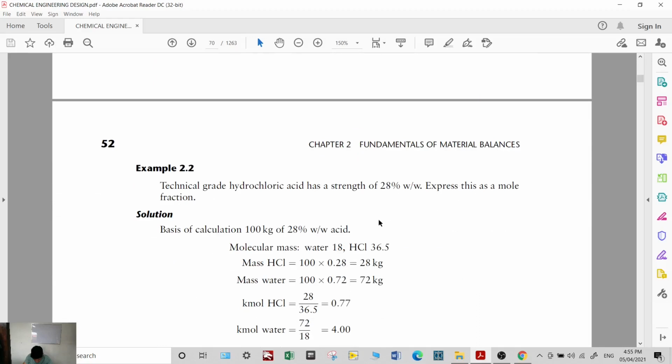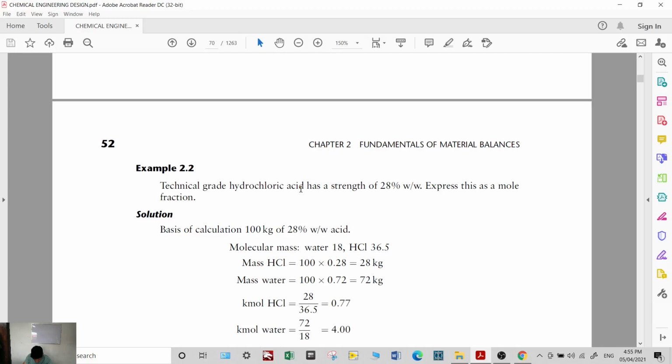Mole fraction meaning you need to get the number of moles of the solvent and the solute, and then you divide each one by the total number of moles.